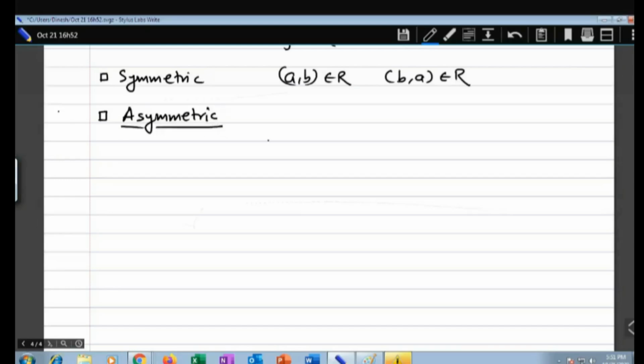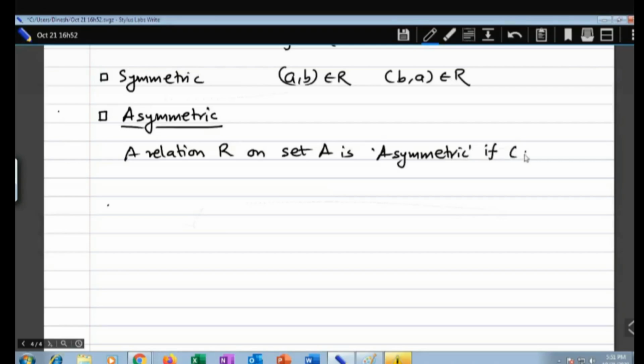Here we say that a relation R on set A is asymmetric if whenever a comma b is in R, then b comma a is not in R, for a not equal to b.